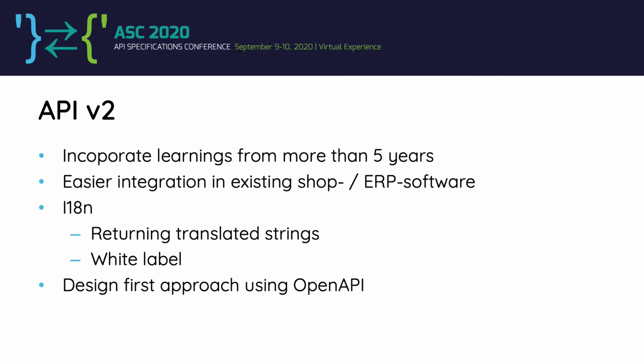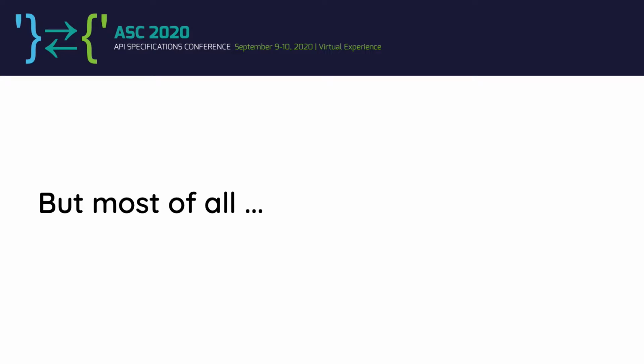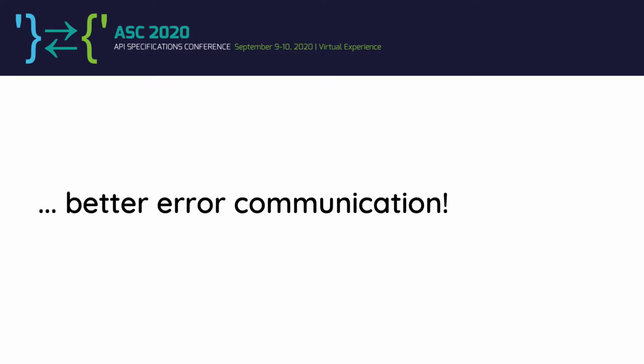And while we were at it, true internationalization should be achieved, which meant making it possible to return translated strings in multiple languages. This would also mean a first step into making it possible to use our service in a true white label fashion. But what we needed most of all is better error communication to our API users.